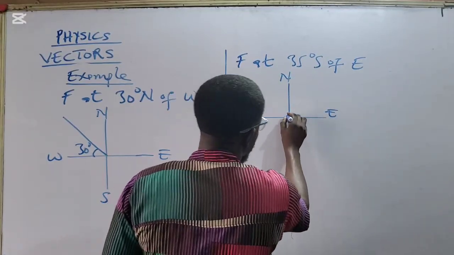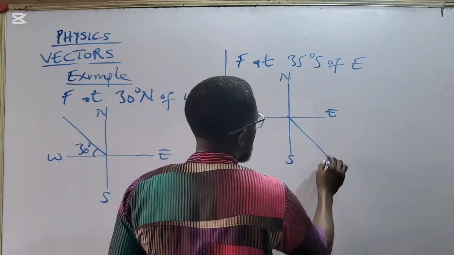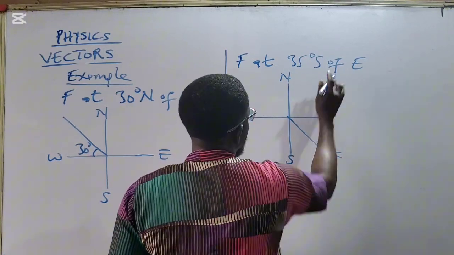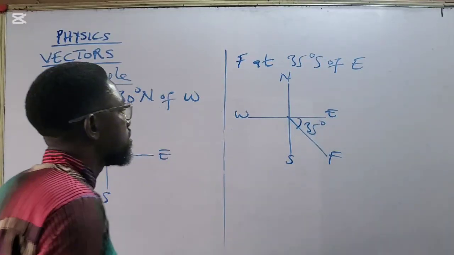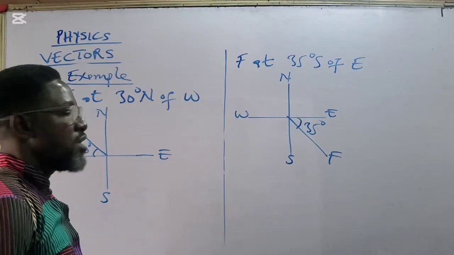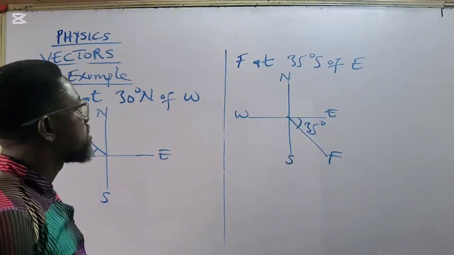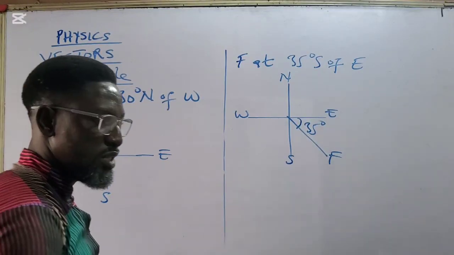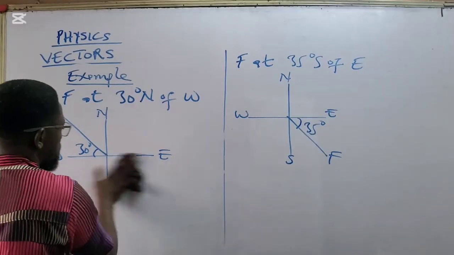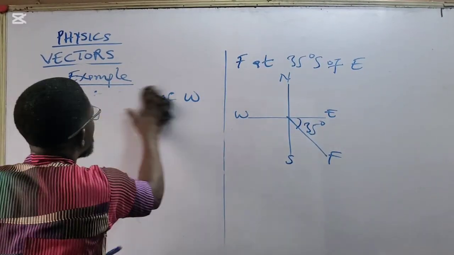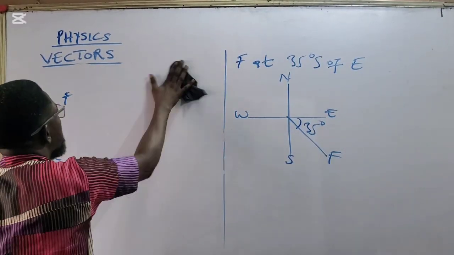We're going to have something like this. That's the force F, and the angle is going to be at this point here. So now that you've understood this, let's see how we can resolve our forces into two components, the x and y components.